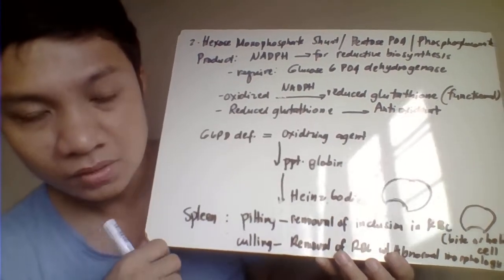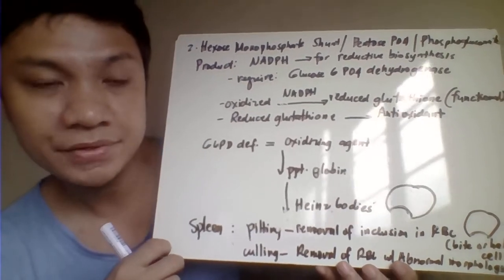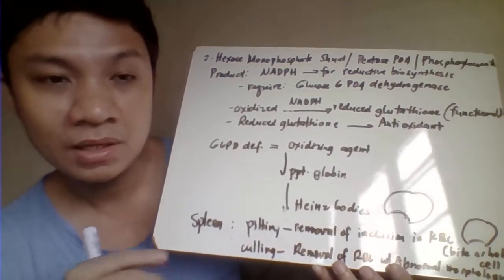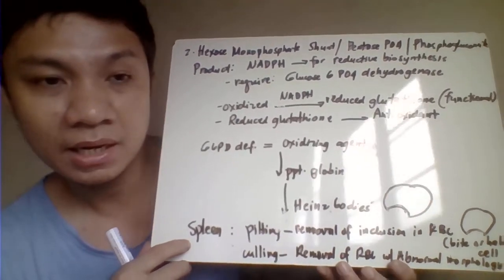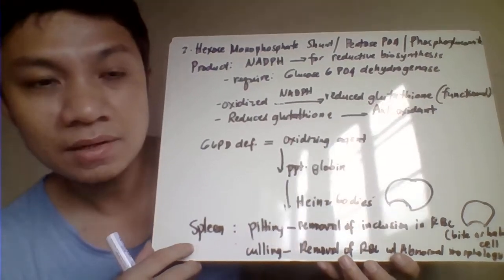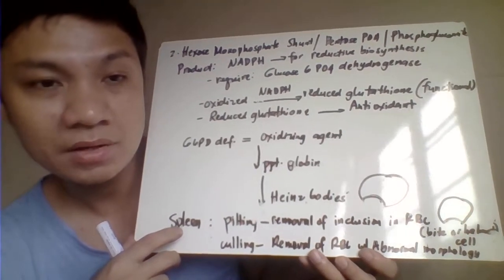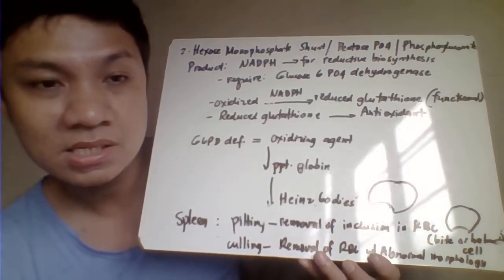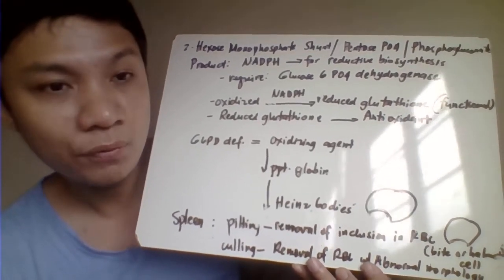Although, in a glucose-6-phosphate dehydrogenase deficiency patient, not all the time will they experience hemolytic reactions. They only have hemolytic reactions once they are exposed to oxidizing agents, like drugs, medications, and foods.